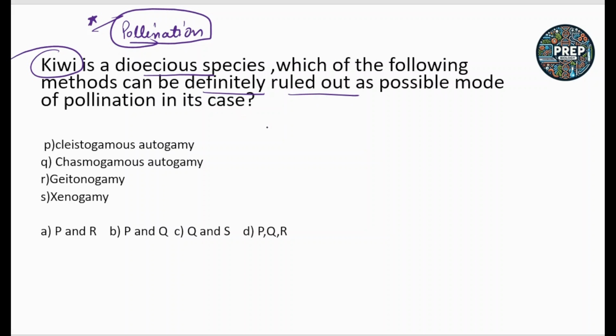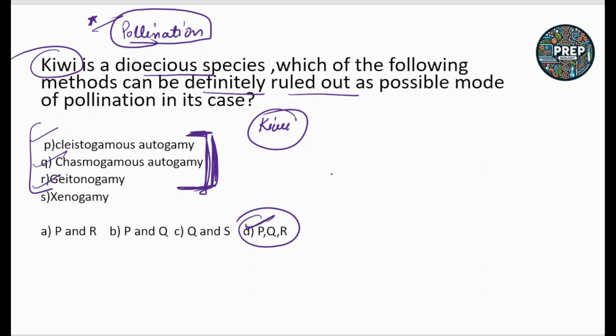So this is a factual question. Remember, in a dioecious plant like kiwi, cleistogamous autogamy, chasmogamous autogamy, and geitonogamy, these 3 types of pollination cannot occur. So option D is the answer of this question.